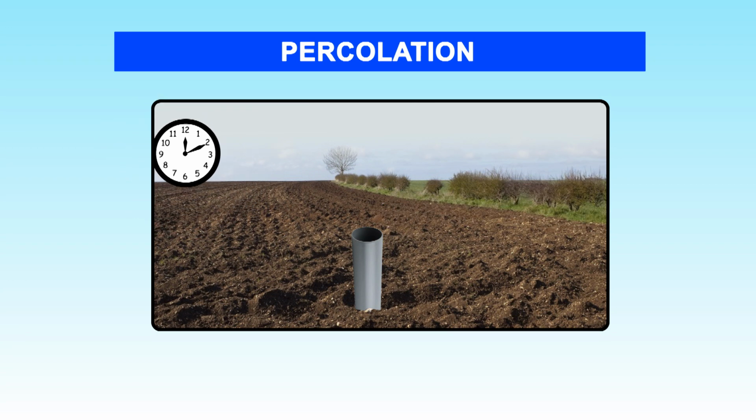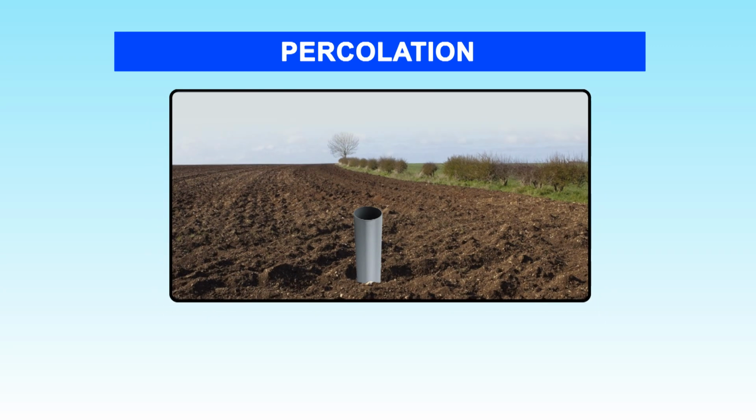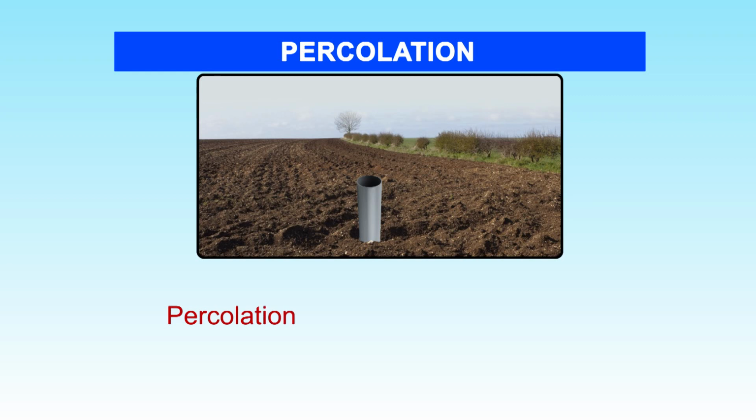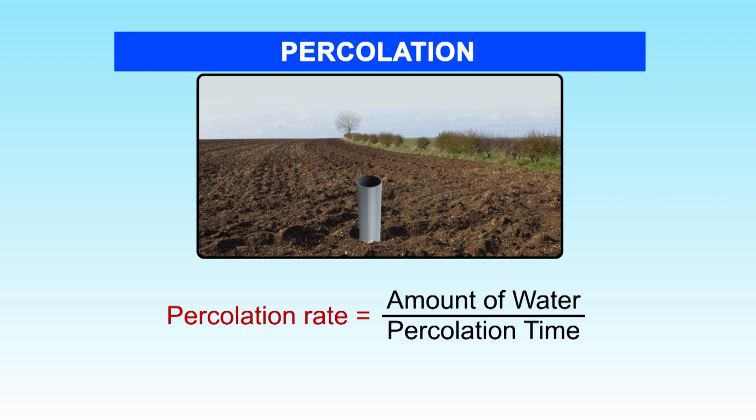But be careful not to let the water spill over or run down on the outside of the pipe while pouring. Now calculate the rate of percolation by using the following formula. The formula is percolation rate is equal to the amount of water divided by the percolation time.